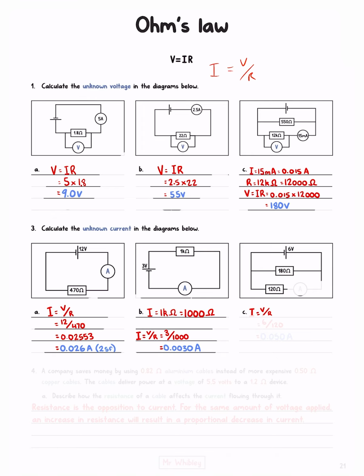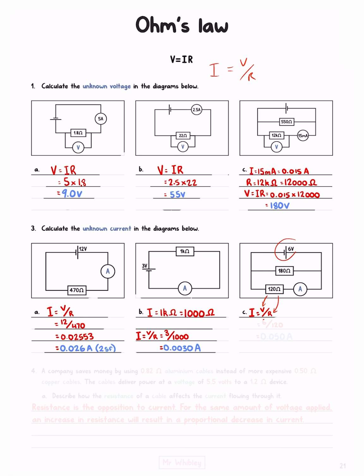For our last circuit, we have a 6 volt supply connected to a 180 ohm resistor in parallel with a 120 ohm resistor and our unknown ammeter. We once again know that current is voltage over resistance, where we know that our current here is the same as our current through the 120 ohm resistor. And so if we have a resistance of 120 ohms, we just need to put in our voltage.